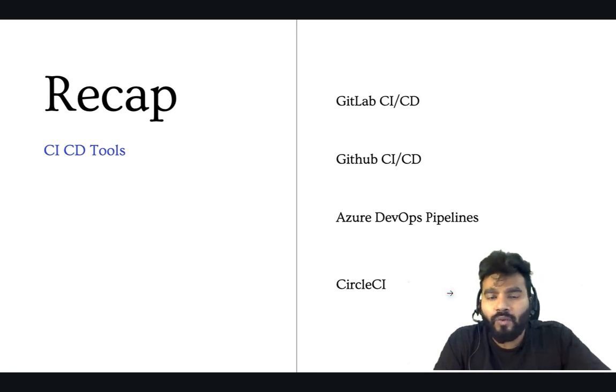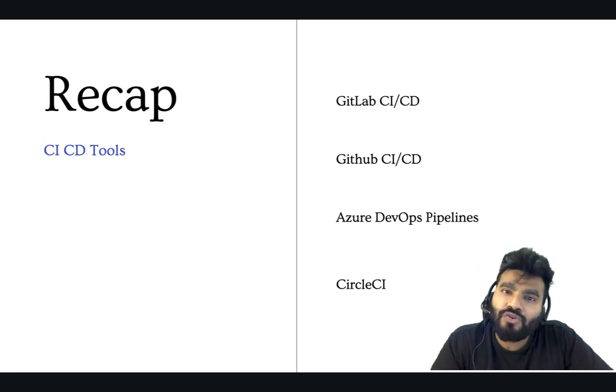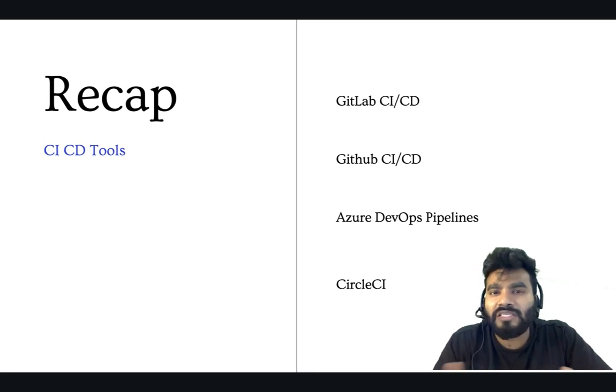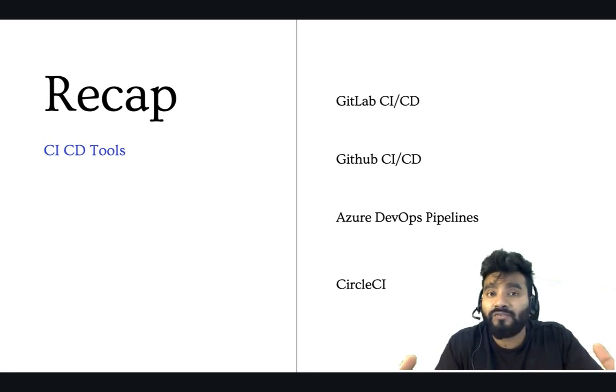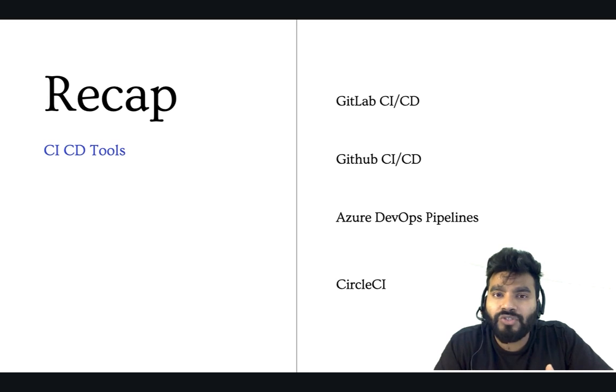If you look at what's common between all of these tools, it's the CI/CD fundamentals, and most importantly, all of the tools use YAML to write or configure CI/CD. So YAML is one such skill you have to learn in order to build a robust CI/CD system.